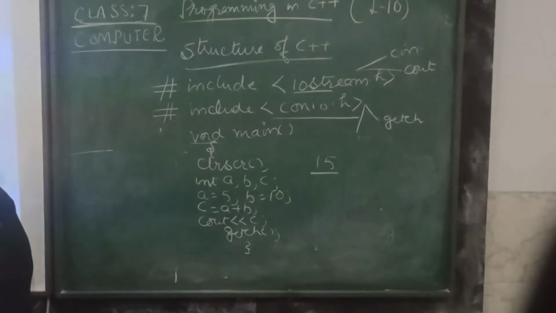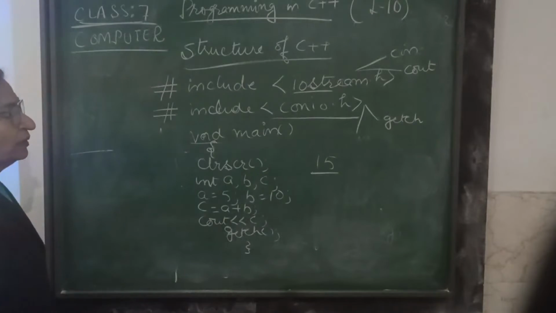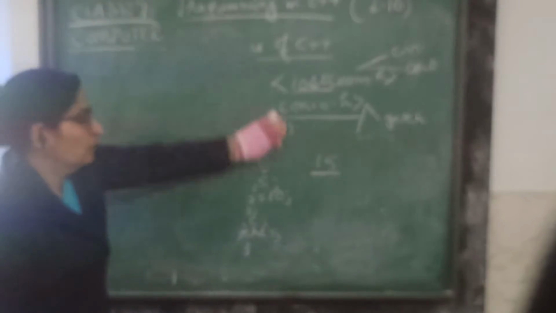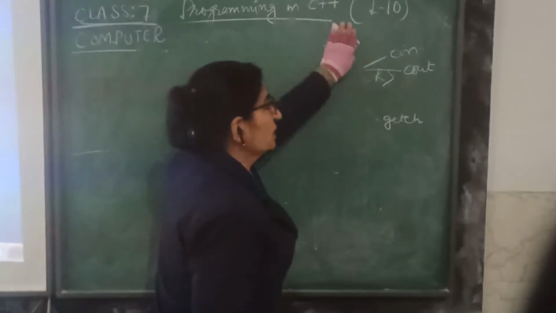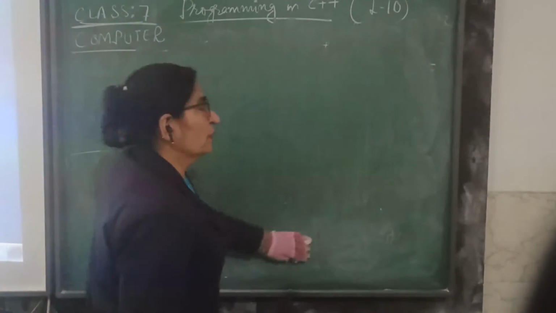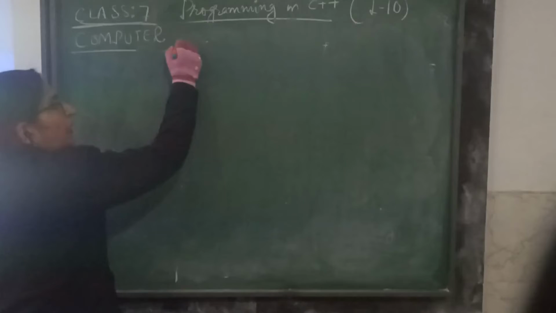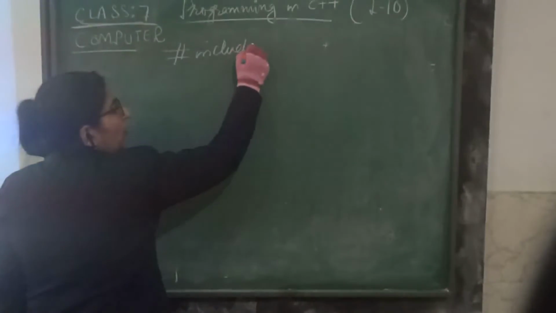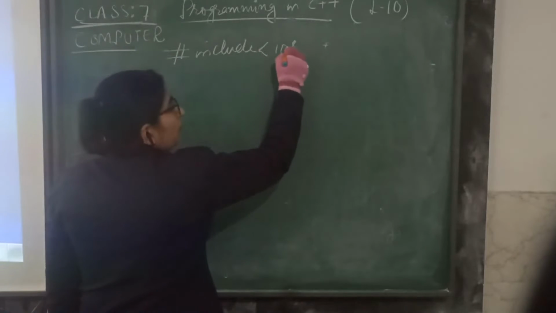Next we take the program in which we will use the commands cin and cout. Let us make a program again. For that, again we start, it is only a revision part children. So we will write the program again by writing #include <iostream.h>.